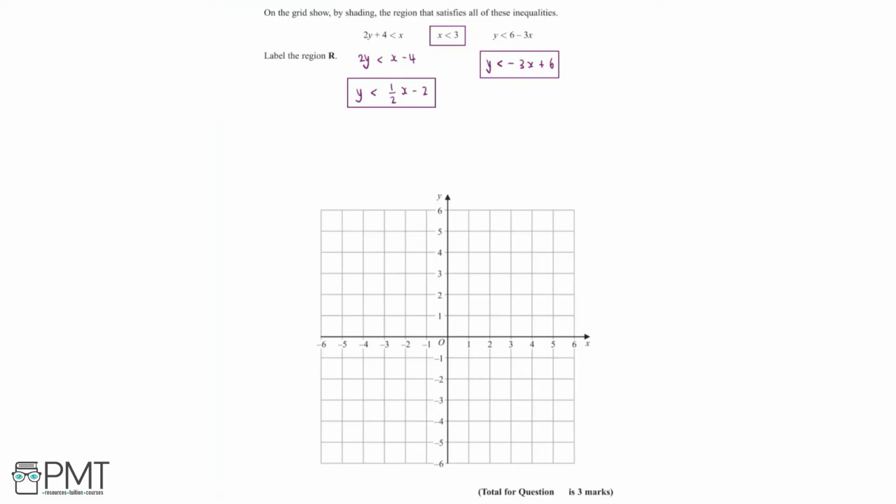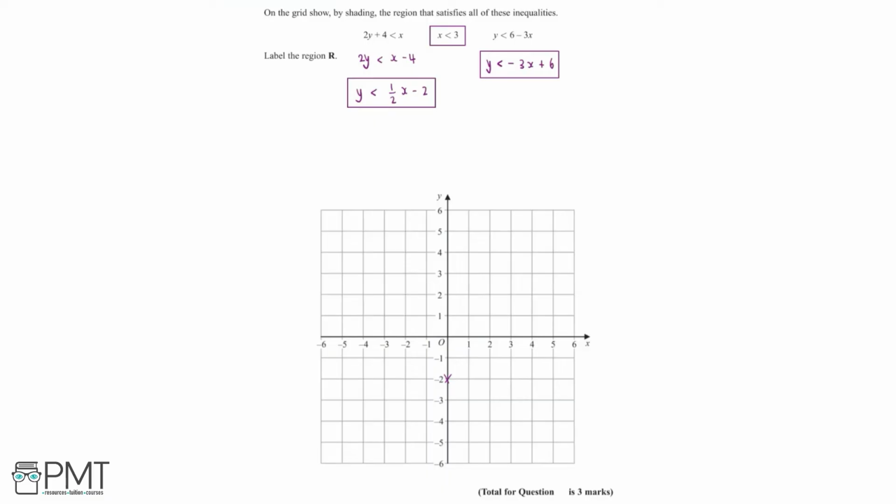We'll start with y is less than half x minus 2. We know that the y-intercept is equal to minus 2, and so we can label this point on our graph. Now we need to use our gradient in order to draw the line. We know that the gradient is equal to the change in y divided by the change in x.